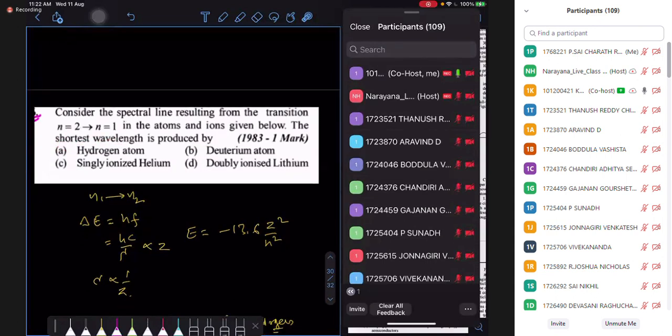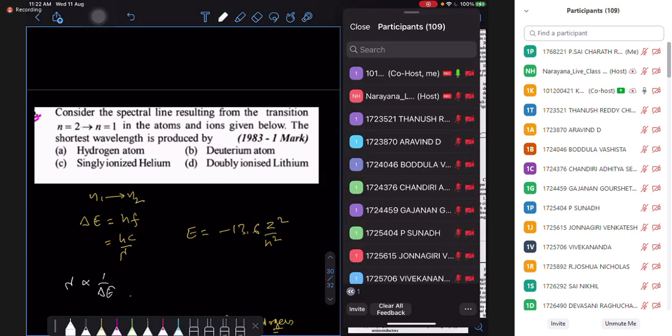For the shortest wavelength, I need the highest energy, since wavelength is inversely proportional to energy. So less energy means high wavelength, high energy means less wavelength.